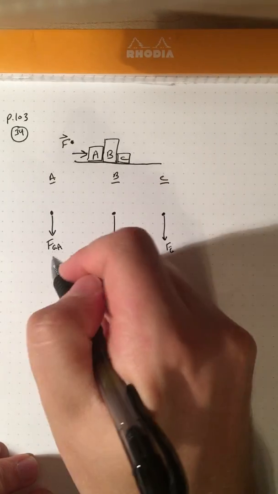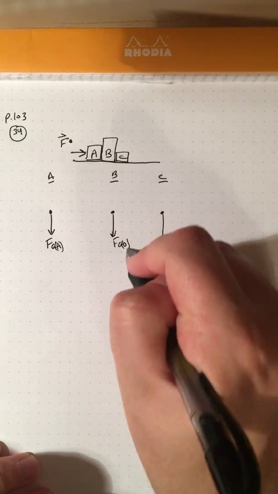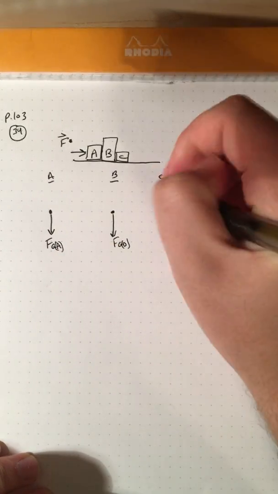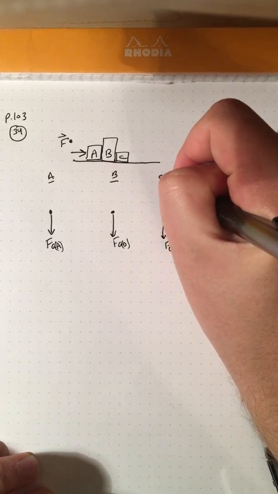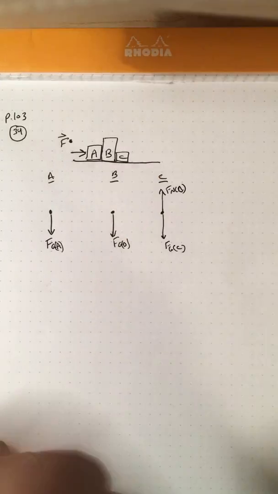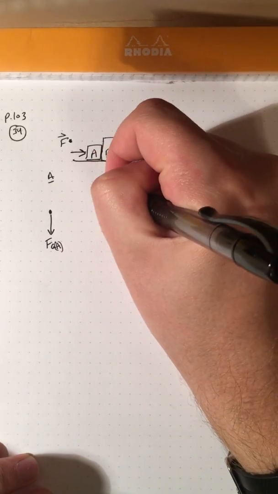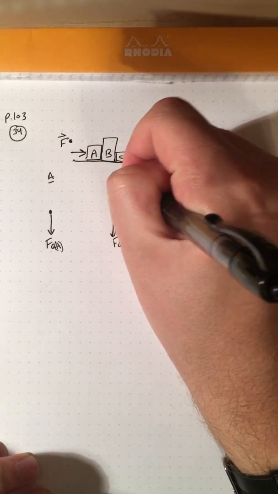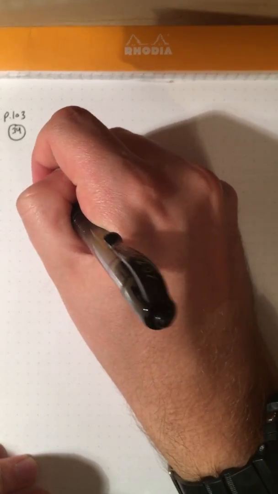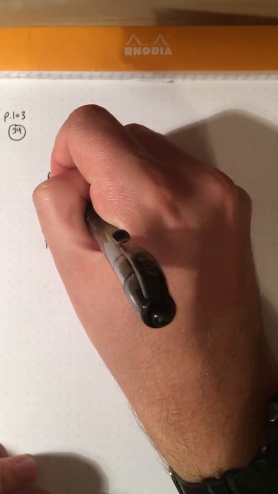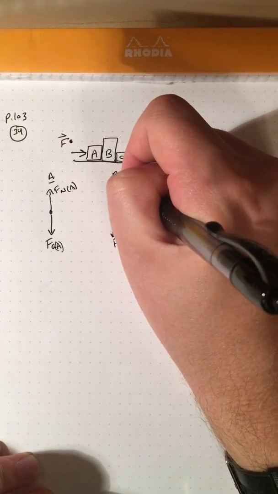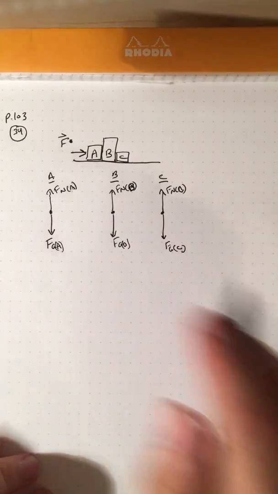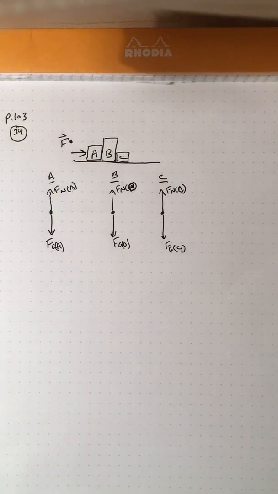So this is the force of gravity on A, on B, and on C, and then we have the normal force on A, B, and C. So that's the easy part.